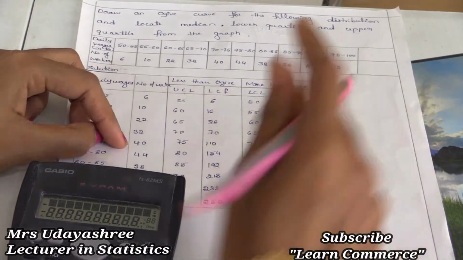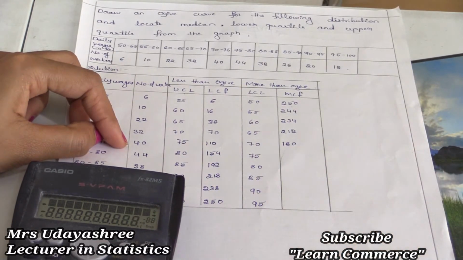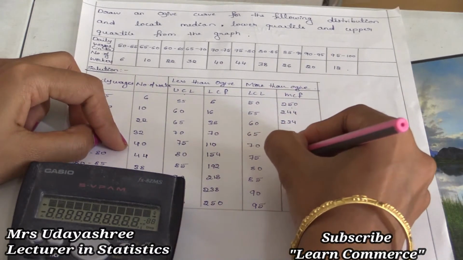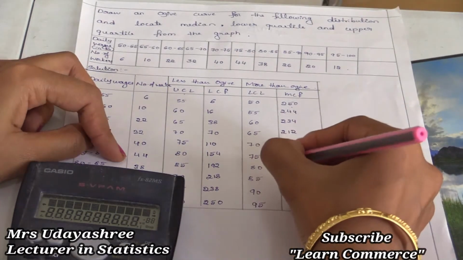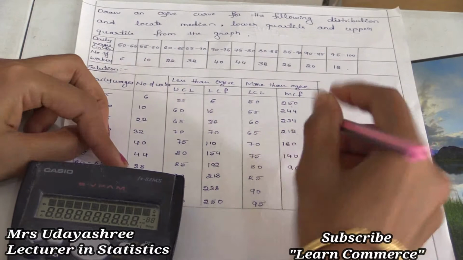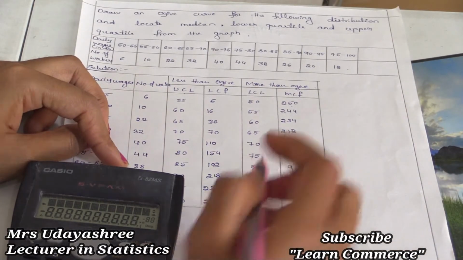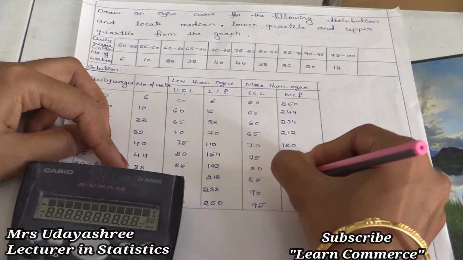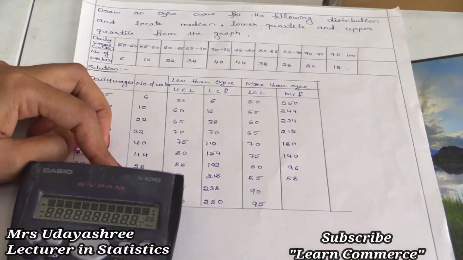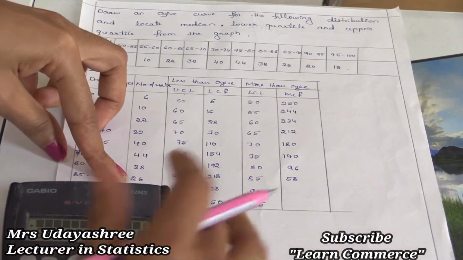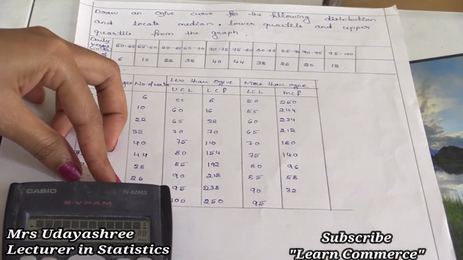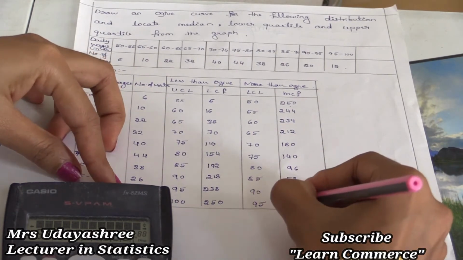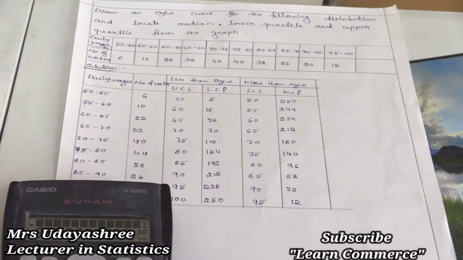Next 180 minus 40, that is 140. Next 140 minus 44, that is 96. Next 96 minus 38, that is 58. Next 58 minus 26, that is 32. Next 32 minus 20, that is 12. So these are the less than and more than cumulative frequencies.